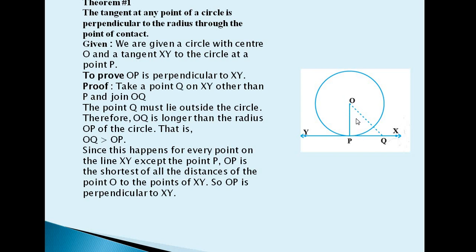From O you can draw n number of line segments to this line XY: OQ, OM, ON and so on. So out of these, OP is the shortest of all the distances, right? So OP is perpendicular to XY.